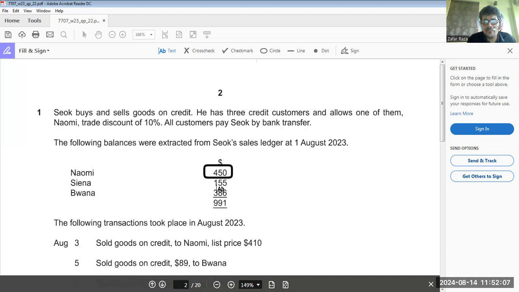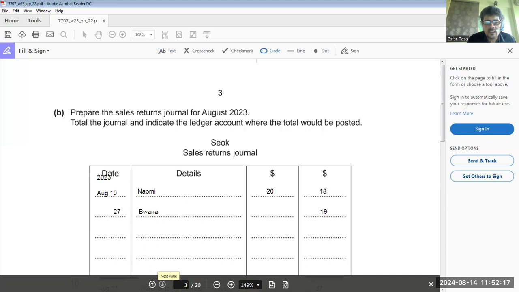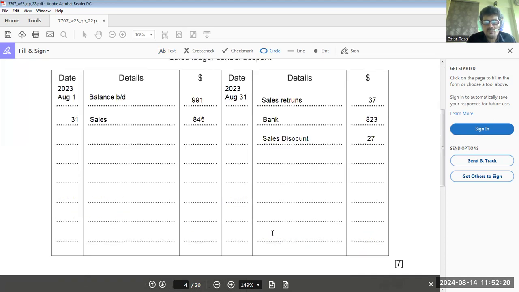So this 155, this one, 155 receivable from Sienna is considered as irrecoverable, so we have to report it in our control account, irrecoverable debt or bad debt. 155. Got it?